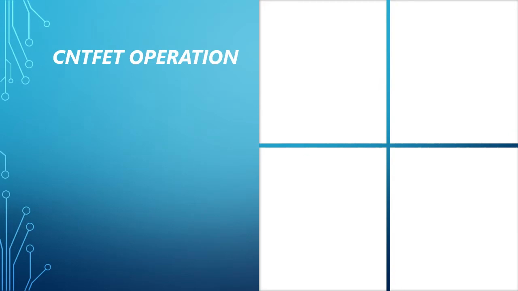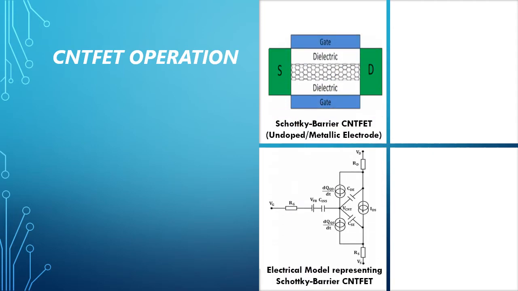I will be talking about the operation of carbon nanotube field effect transistors. To start with, I would like to mention a kind of it, that is the Schottky barrier CNT, which has undoped or metallic electrodes. This whole structure can be represented by the electrical model here.